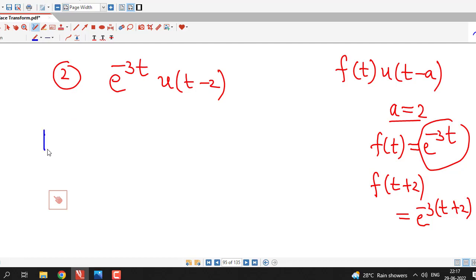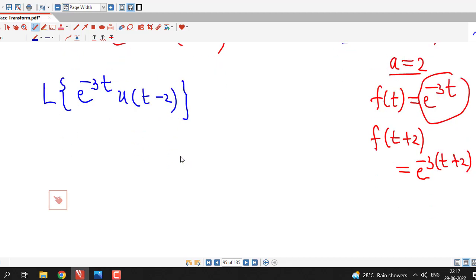You can directly write Laplace transform without considering these notations f of t and a equal to 2. That is for understanding. Otherwise you can directly write this using alternative form of second shifting theorem. If we compare, we find that value of a is 2. So here we will write e raised to minus as, a equal to 2, into Laplace transform of f of t plus 2.